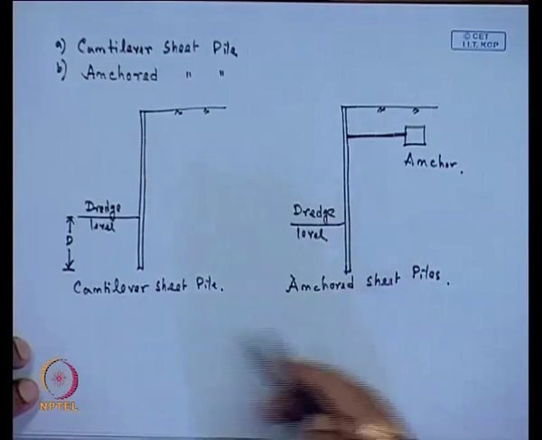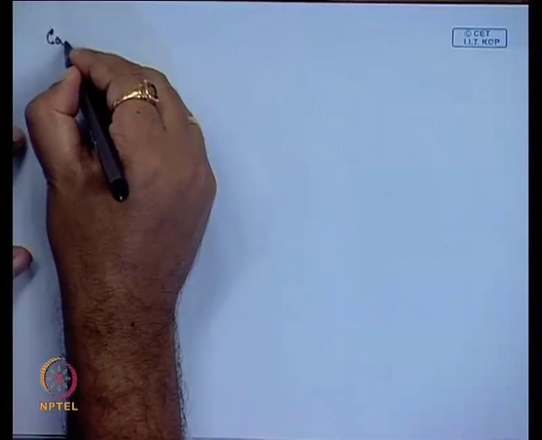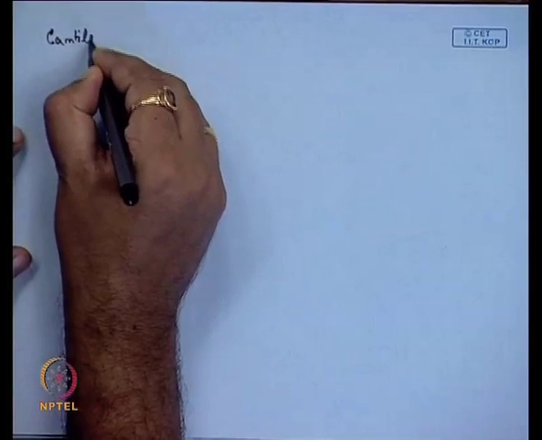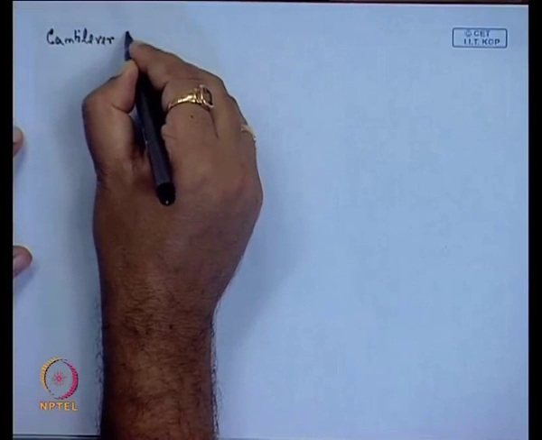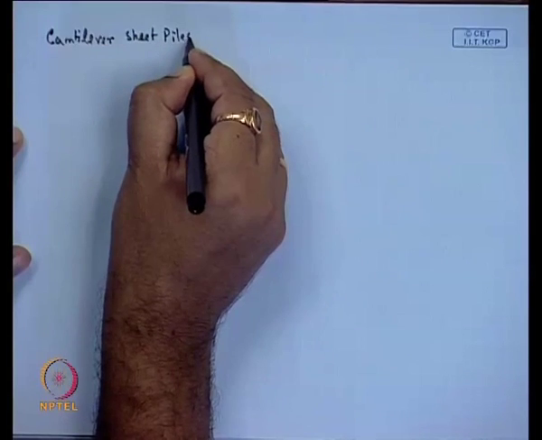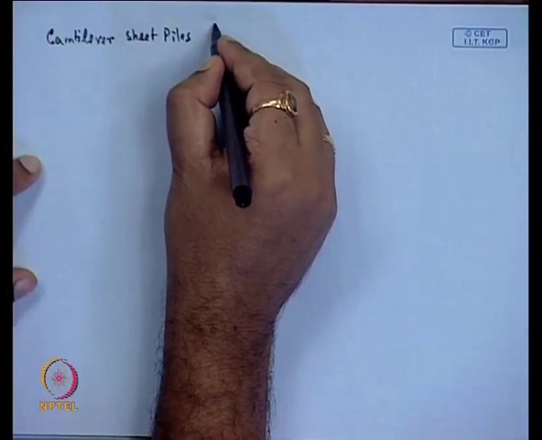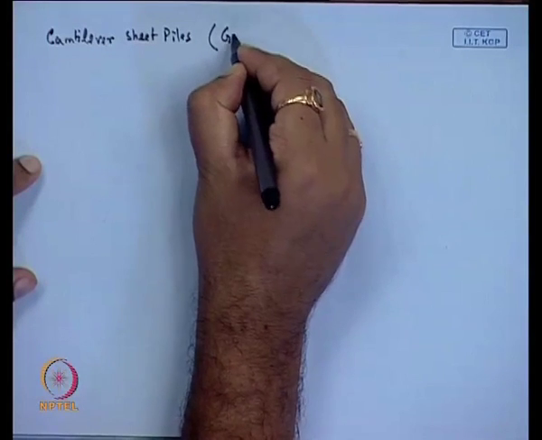So, basically these are the two types of sheet pile, one is cantilever sheet pile, one is anchor sheet pile. First I will discuss the cantilever sheet pile, and how to determine the depth of this sheet pile, all these things. So, the first discussion is the cantilever sheet pile wall in granular soil.